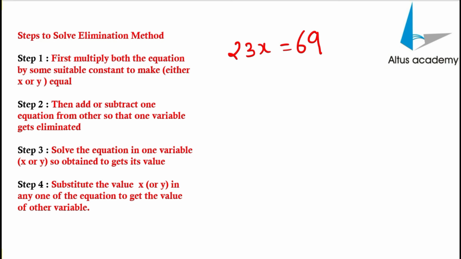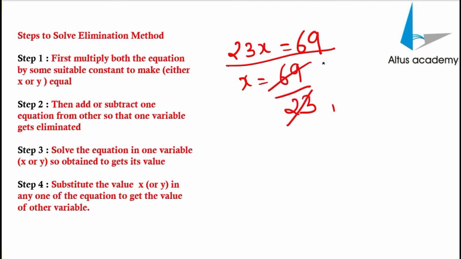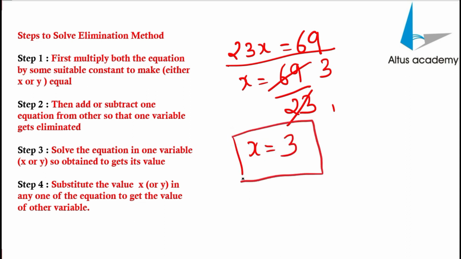So after the cancellation we have got the equation in one variable. We can get the value of x by simple division: 23 threes are 69. So I'm getting the answer of the first variable, x is equal to 3.